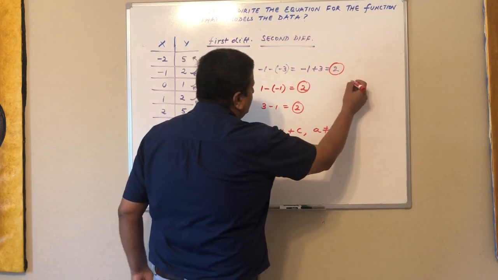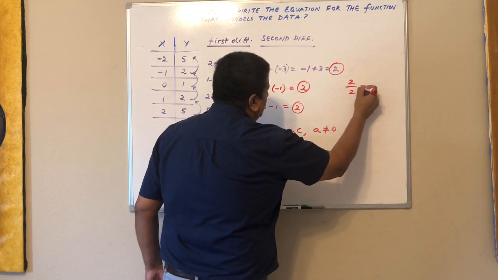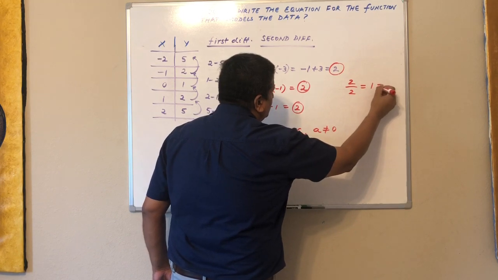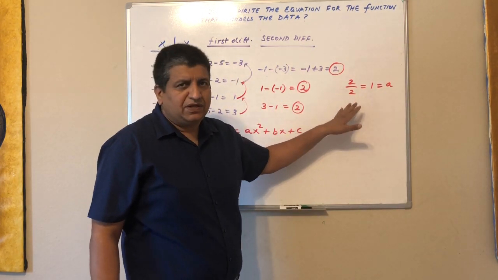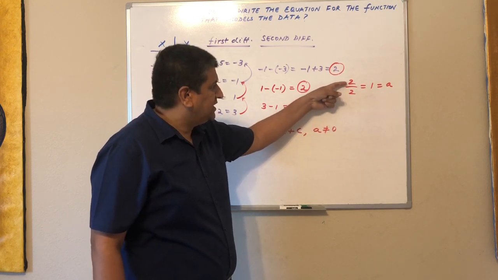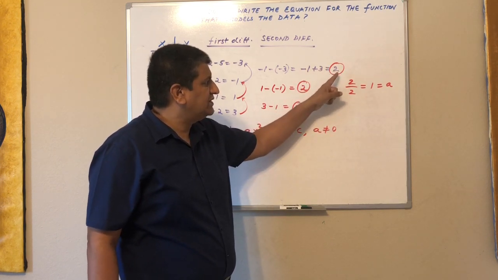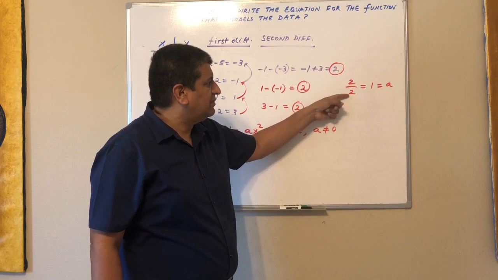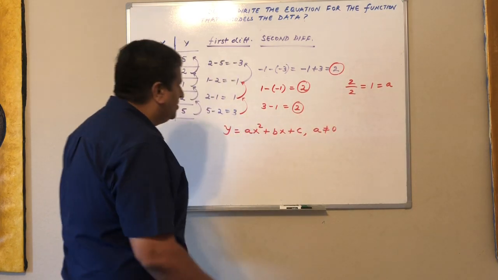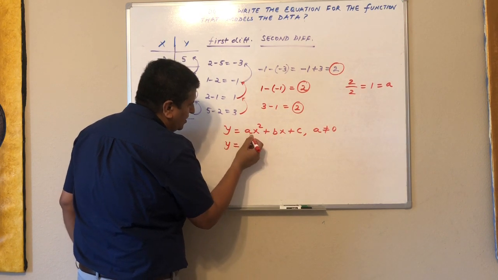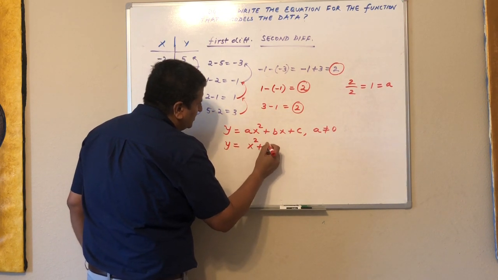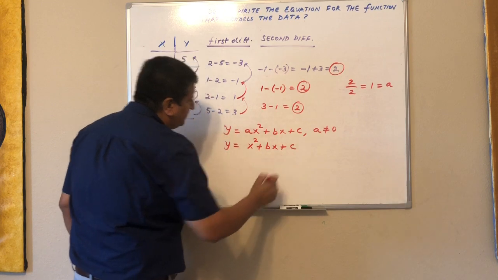So just divide 2 by 2, and you get 1, which is the value of a. Why do we divide by 2? I'll explain in a minute. But understand that this value is twice a, so I have to divide by 2 to get the a value. So I know that a is 1, so y equals x squared plus bx plus c.